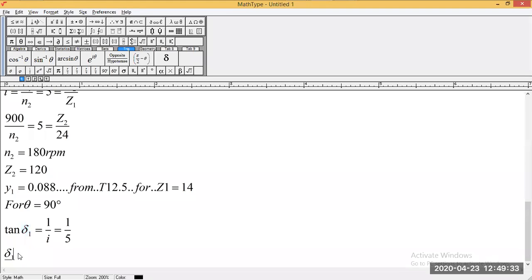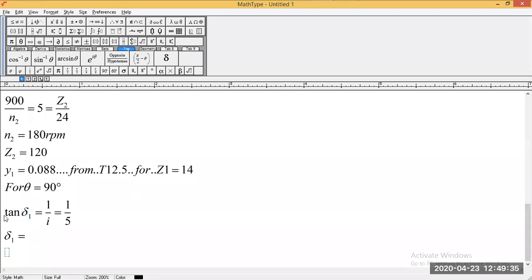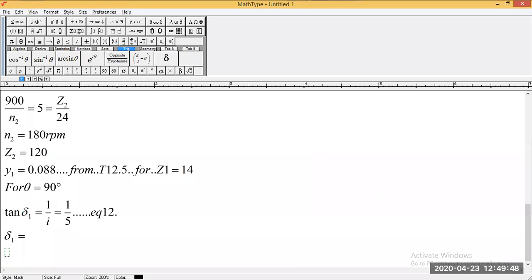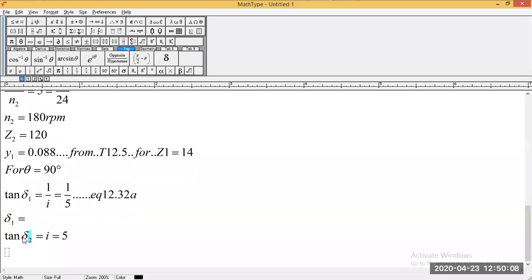Also tan delta 2, this is equation 12.32 A. Similarly, tan delta 2 is just I. So it means it is 5. So from this we can find directly delta 2.